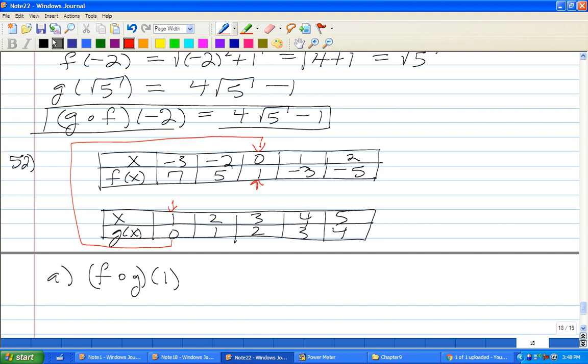And so if I have an input of 1, then I have an output of 0, make that the input for f, that gives me an output of 1.